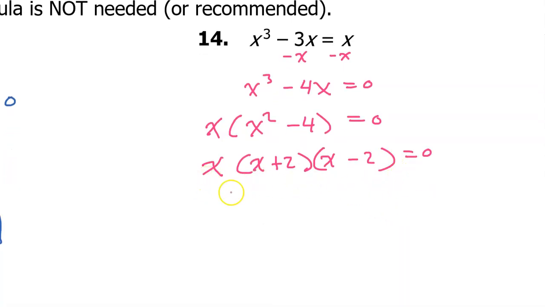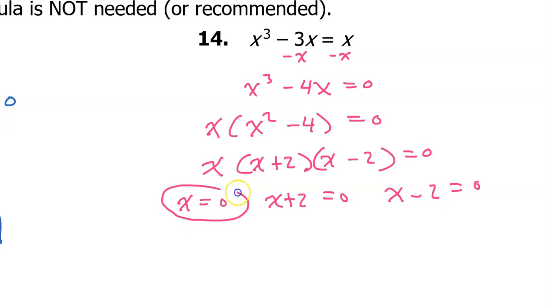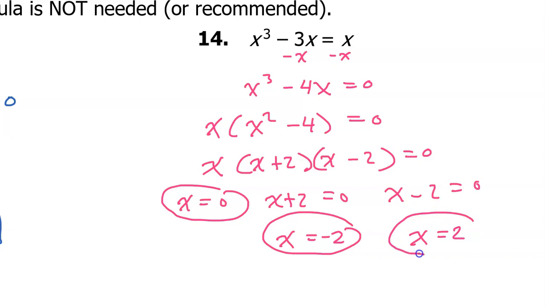Setting each of these factors equal to 0, well, we have x equals 0 already, but then here we will have x is equal to negative 2, and this one gives us x is equal to positive 2. So these are the three solutions to problem number 14.